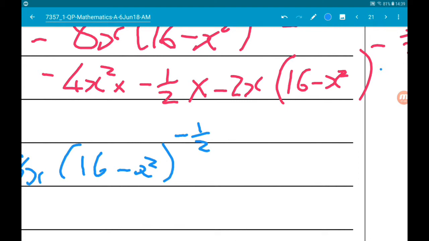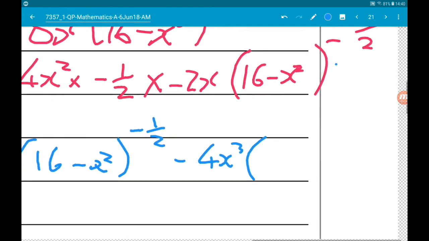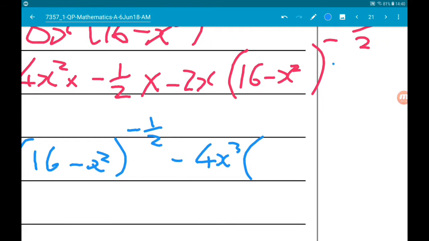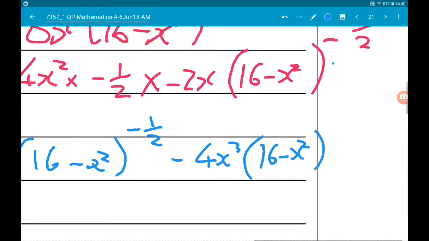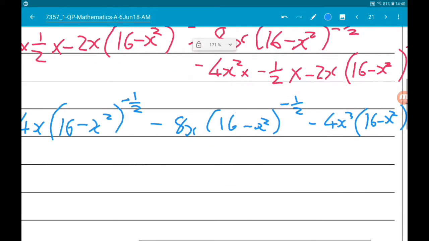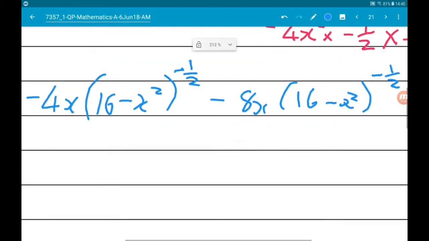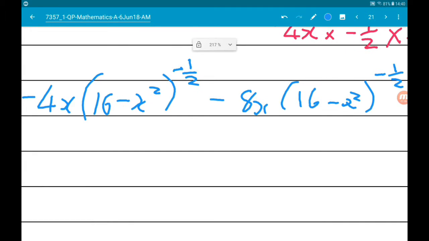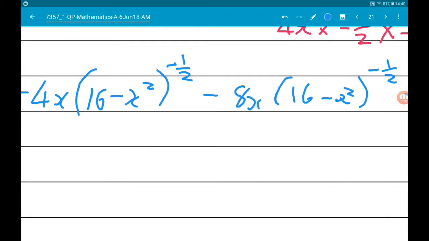So that's going to give us minus 4x cubed times 16 minus x squared to the minus 3 over 2. Now our first two terms are both to do with 16 minus x squared to the minus 1 half.